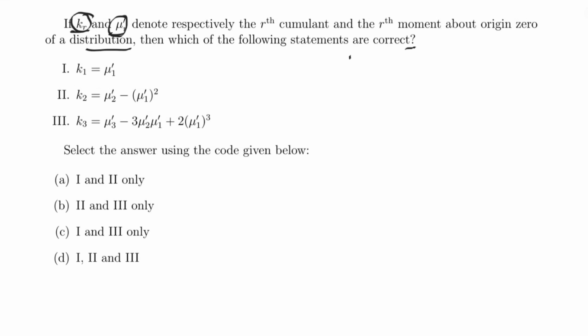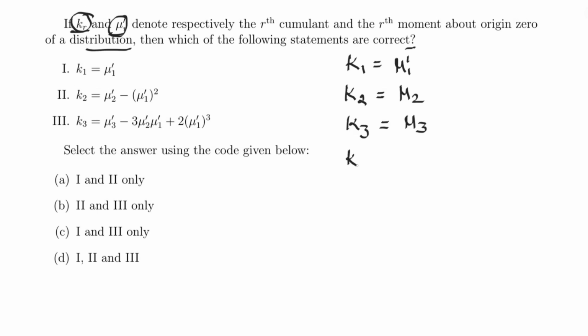The first thing is that the first cumulant K1 is always equal to the first raw moment. The second cumulant K2 is equal to the second central moment. And the third cumulant is equal to the third central moment.